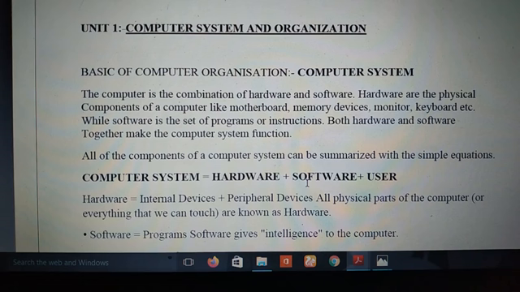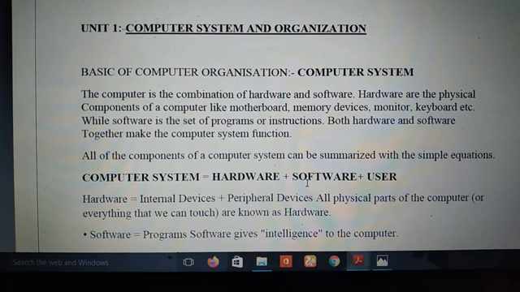For example, MS Word and MS Excel are examples of software. So we can define computer system and organization by a simple equation: hardware plus software plus user. User means the human being who gives the instructions.